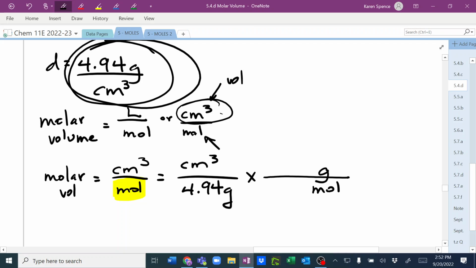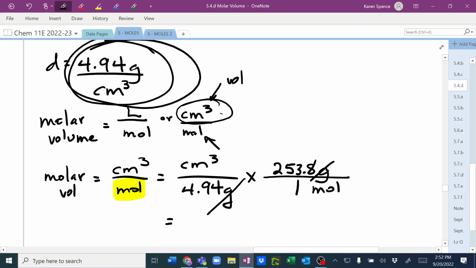That is my molar mass, which for iodine is going to be 126.9 times 2, 253.8 grams per mole.